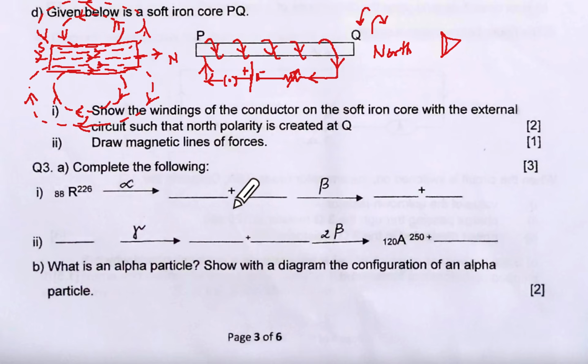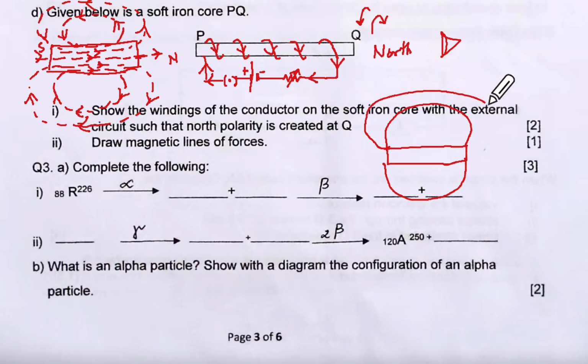Are you with me so far? Now some of you who draw the magnetic field lines show them like this, which should never be done. Don't show it like a semicircle. How should it be? Like a butterfly. I told you like this. Okay, it should be like a butterfly. You understanding what I'm saying?